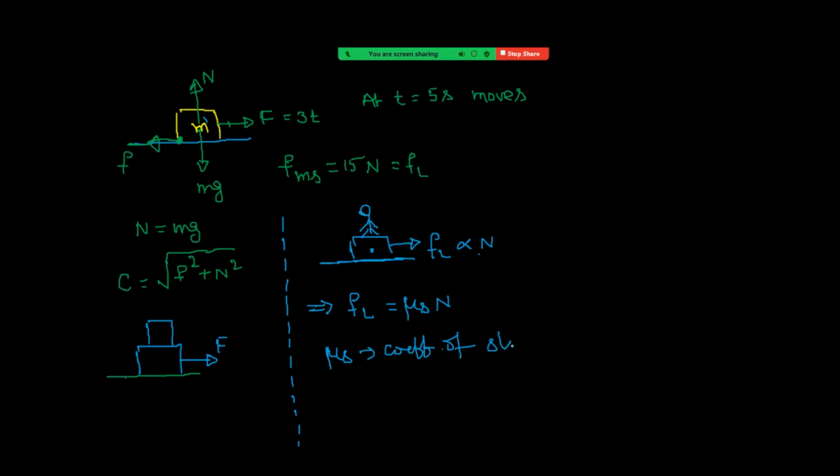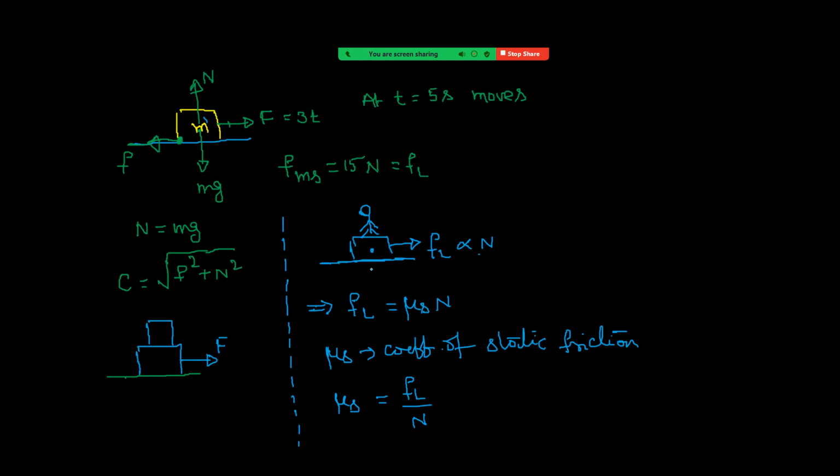So it is a constant. More is the normal reaction, more is the limiting friction, right? This is a constant. So basing on this point, you may expect some questions like, see from here what we can say, mu s equal to F limiting upon normal reaction.